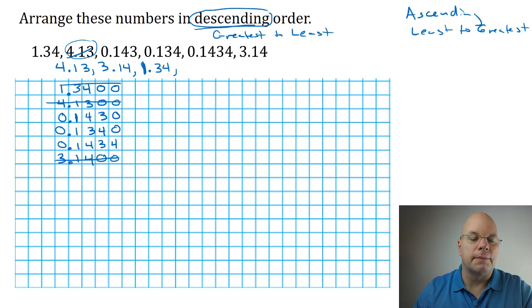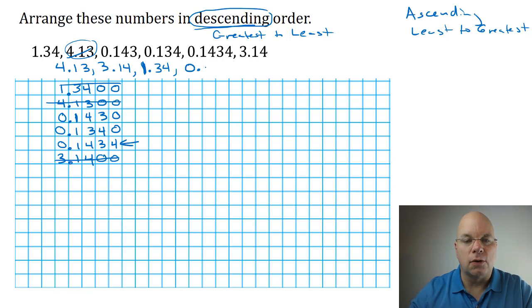So then we go to the not zeros, they're all ones. Then we go to the hundredths place, 2 of them have 4s, and 1 of them has a 3, so it's either this one or this one that's largest. I go to the thousandths place, they both have 3s in the thousandths. I go to the 10 thousandths, this one has 0 in the 10 thousandths, this one has 4, so this one is the next largest in the list.